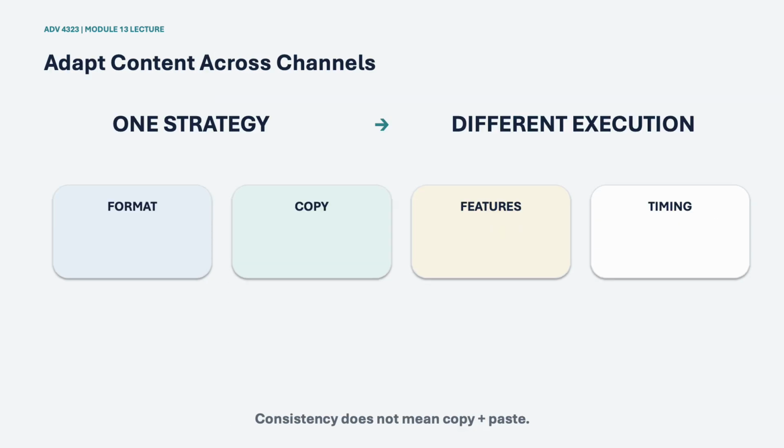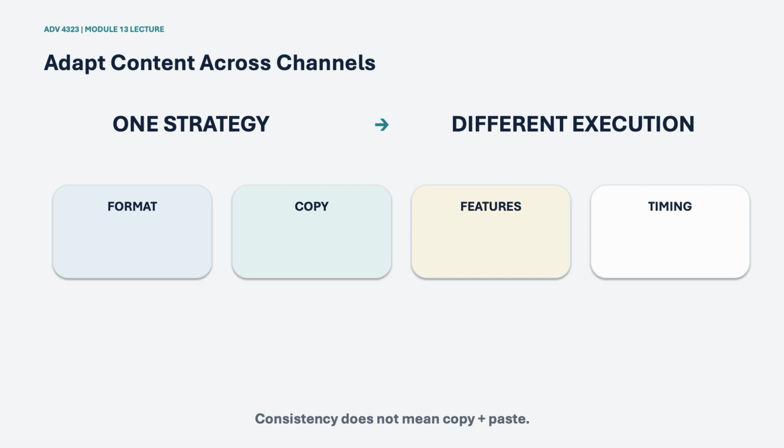If you're using multiple channels, remember that consistency does not mean copying and pasting the exact same post everywhere. You can have one overall strategy and one core message while adapting the execution to fit each platform. That might mean changing the format, the copy, the platform features you use, or even the timing.